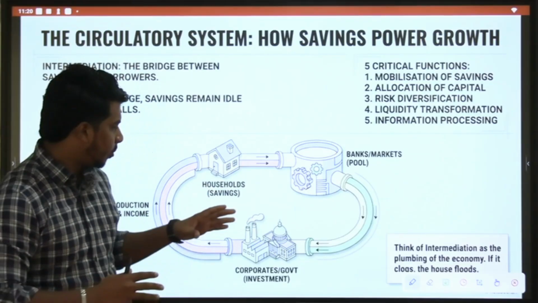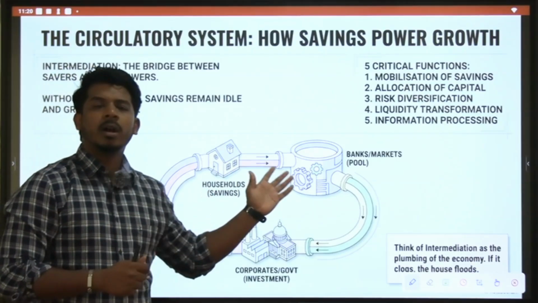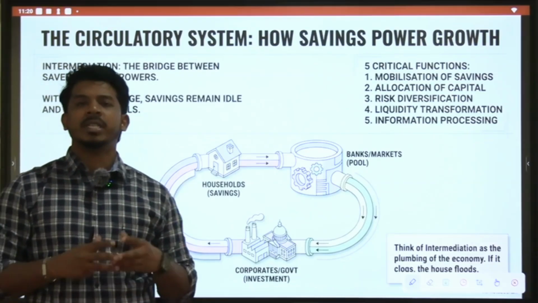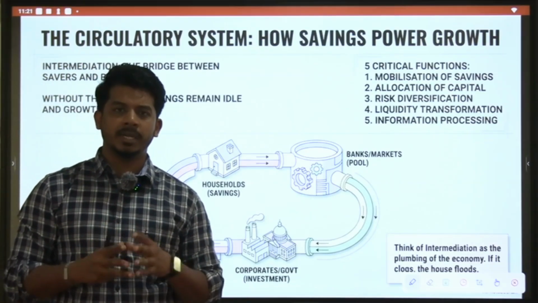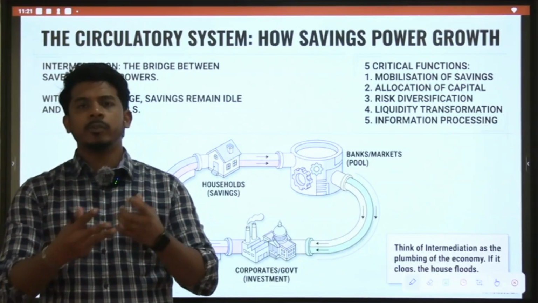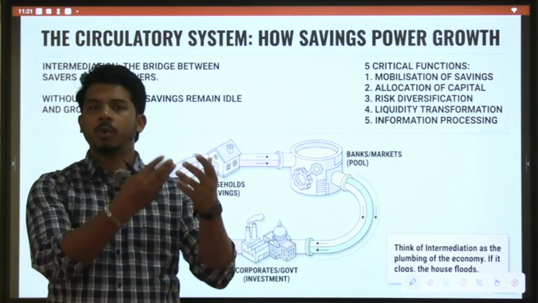But the problem with this kind of simple saving is that there is a lot of requirement for money in the economy. Many investors, many businessmen, many corporates, many individuals also are looking for money to start businesses, to put into new investment, to generate more money.